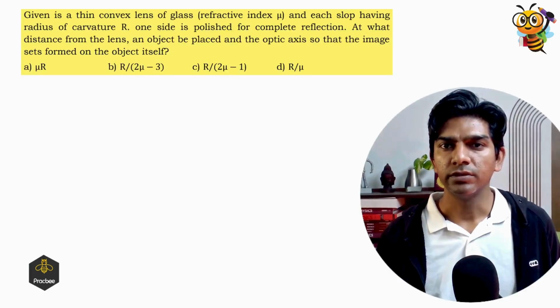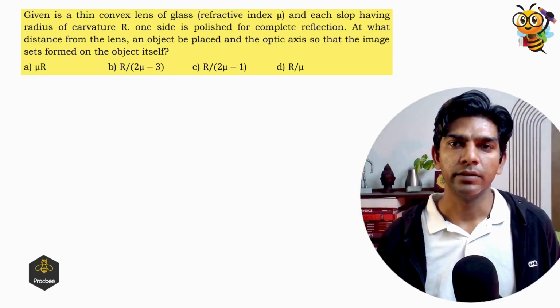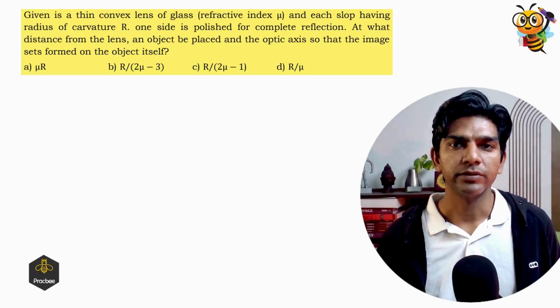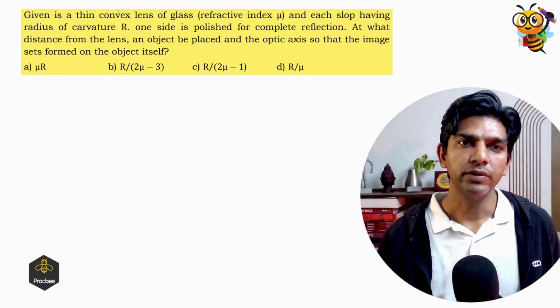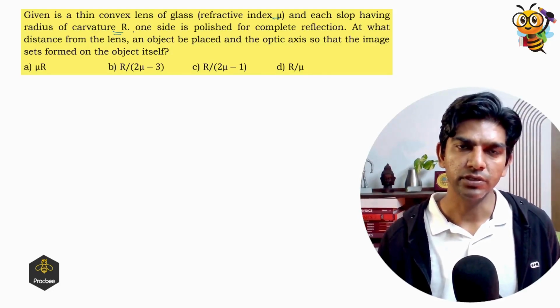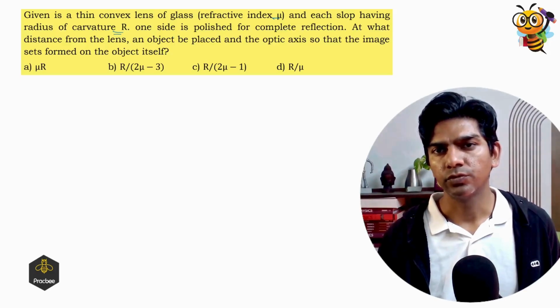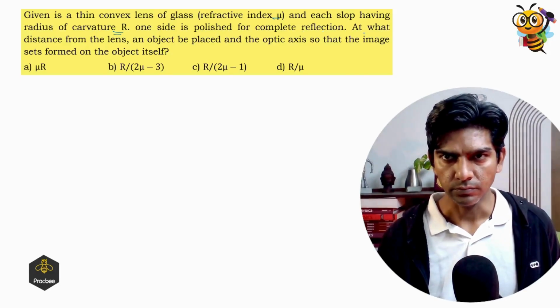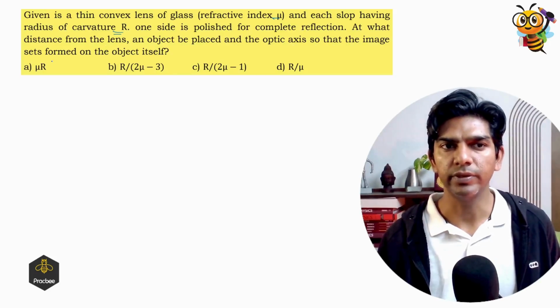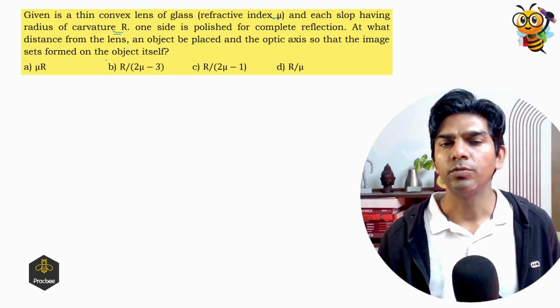Right, so the next question is from ray optics and it is based on the lens formula. Given is a thin convex lens of glass, refractive index is mu, and each surface has the radius of curvature r. One side is polished for complete reflection. At what distance from the lens should an object be placed on the optical axis so that the image is formed on the object itself?